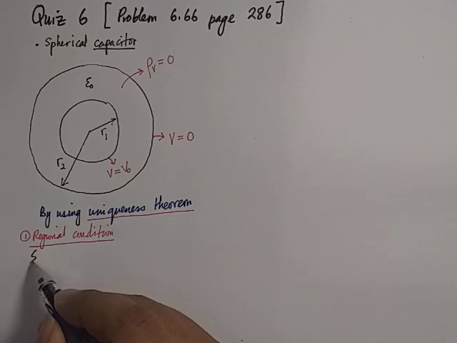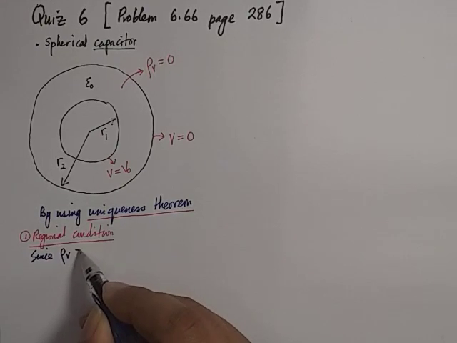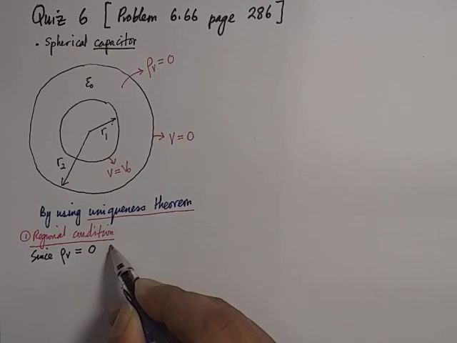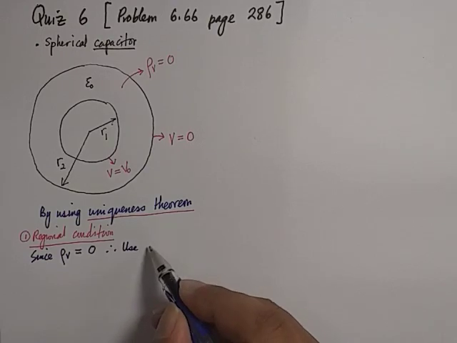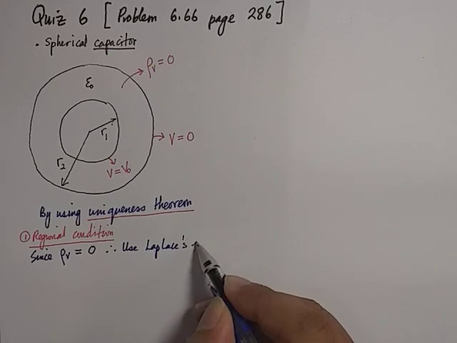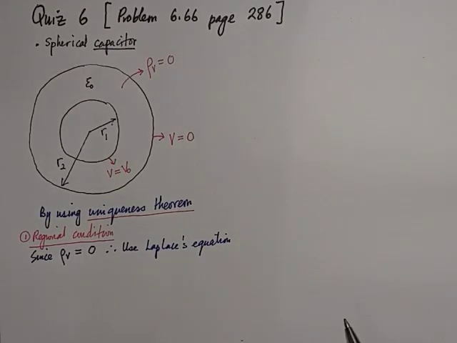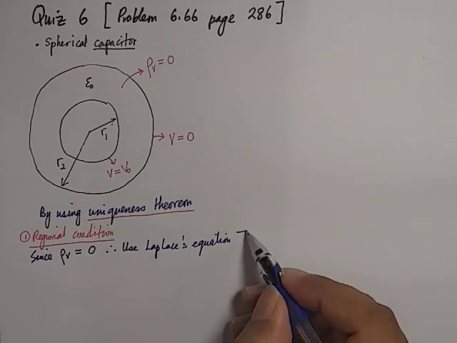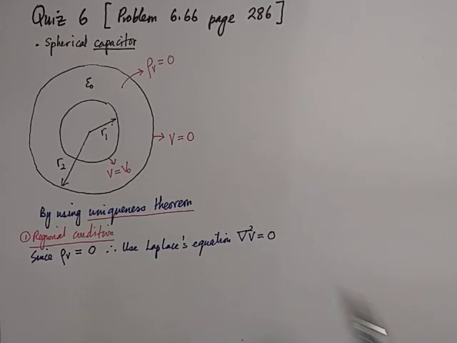Since rho v is equal to 0, therefore we're going to use Laplace equation. That's what should be our action. So what's Laplace equation? Del square V equal to 0.